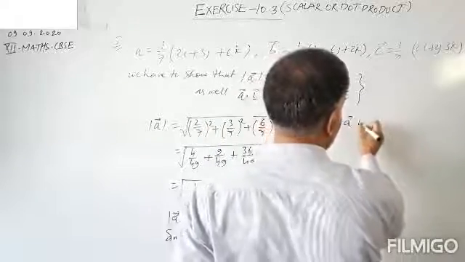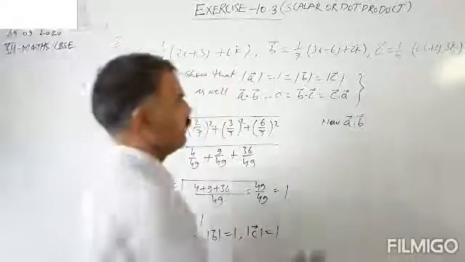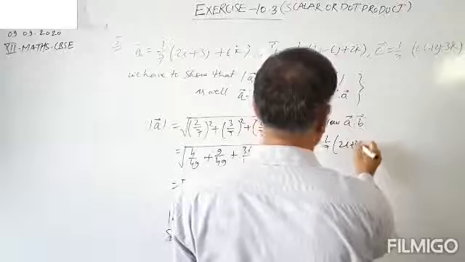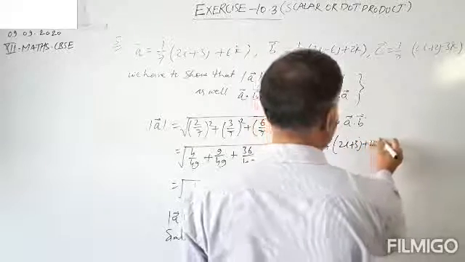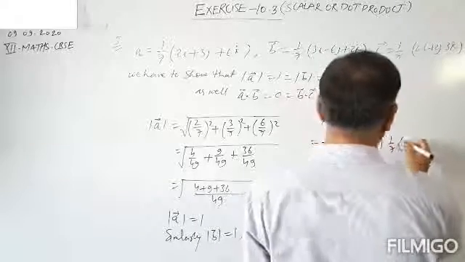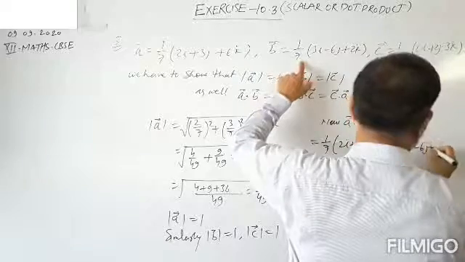Now the product of the two vectors A and B equals 1 upon 7 into (2i cap plus 3j cap plus 6k cap) dot B vector, and B vector is also 1 upon 7 into (3i cap minus 6j cap plus 2k cap).